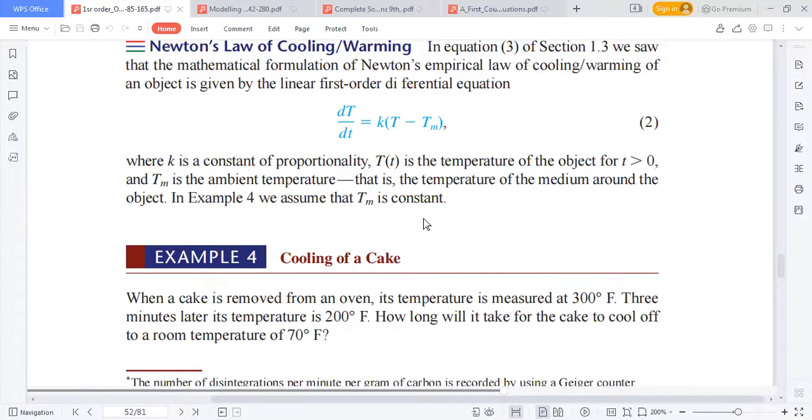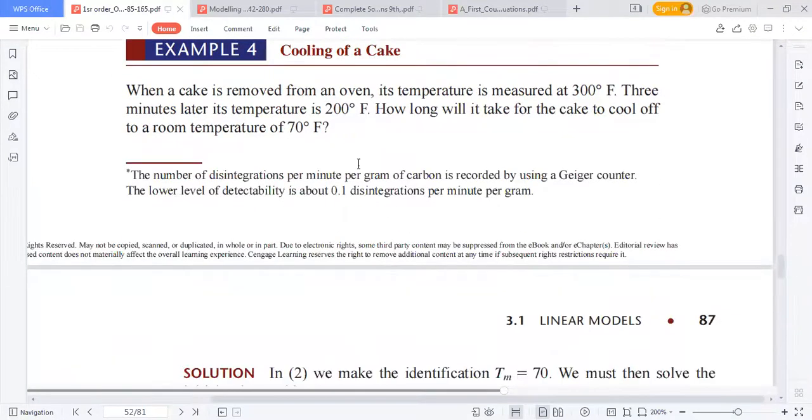Suppose there is an interesting example for this, cooling of a cake. When a cake is removed from an oven, its temperature is measured at 300 degrees Fahrenheit. 3 minutes later, its temperature is 200 degrees Fahrenheit.